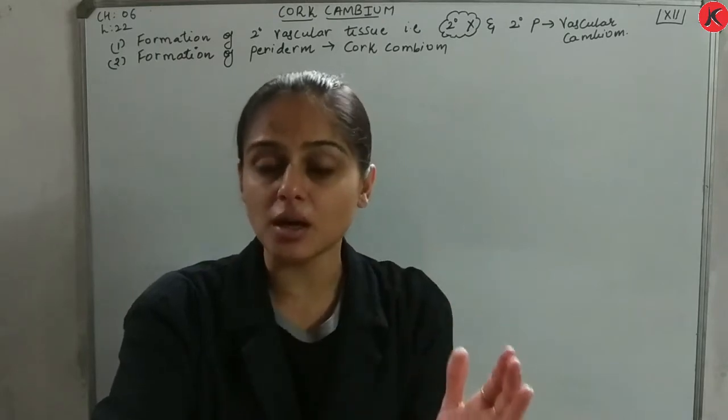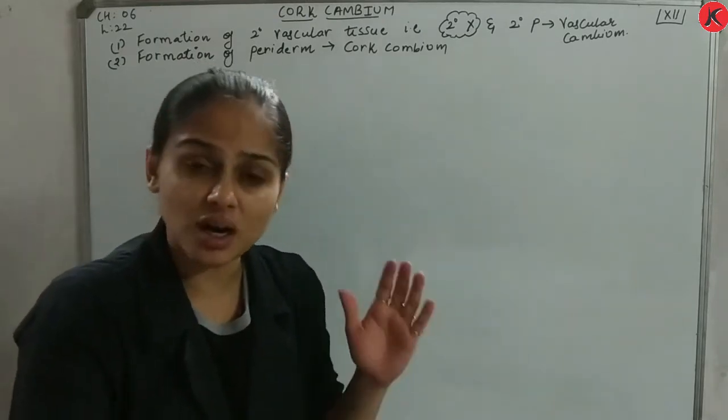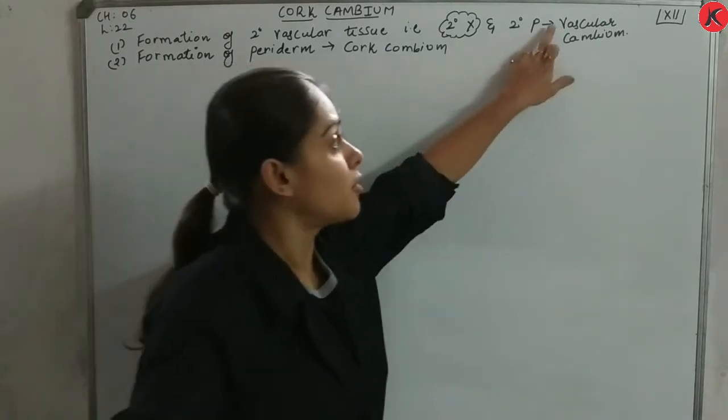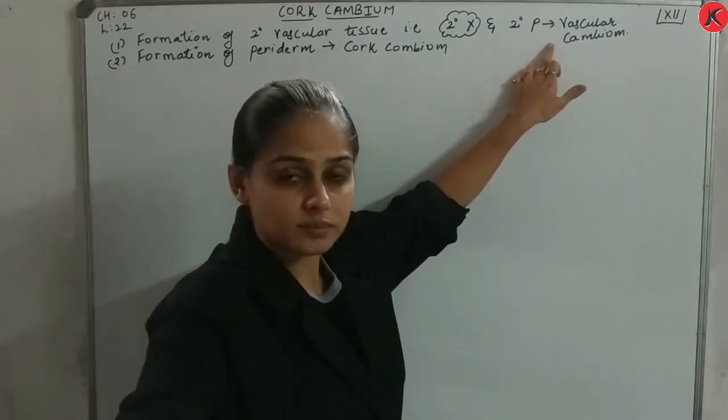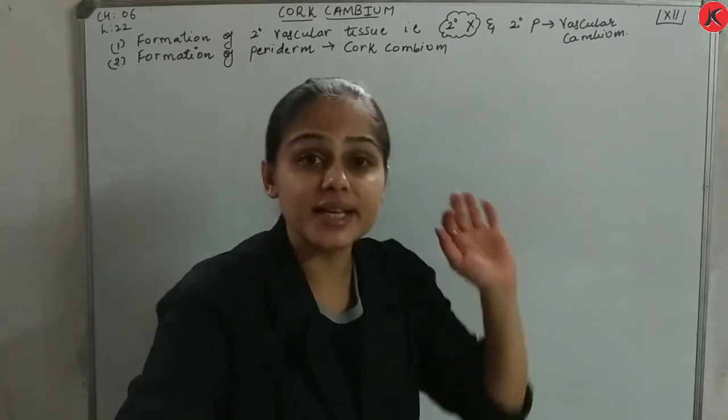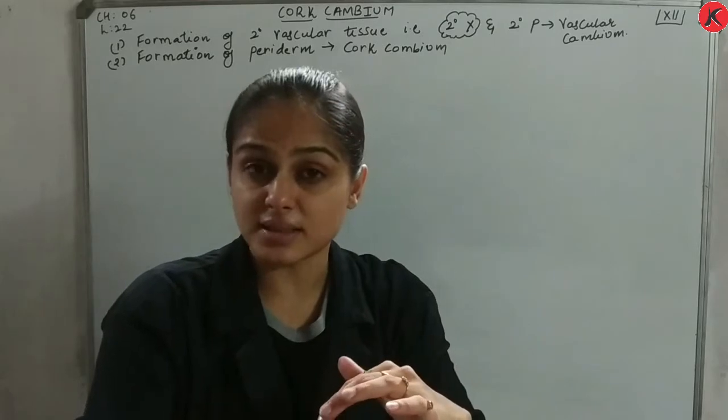Logically you can think, once again what I am saying, understand well and calmly. I told you vascular cambium is active, interfascicular cambium, intrafascicular cambium, it is active. It is going to add new cells.